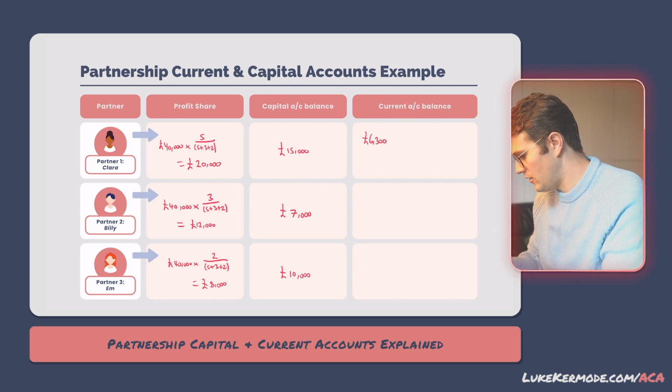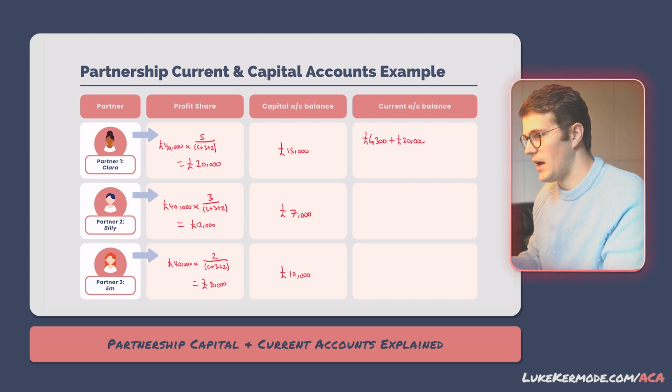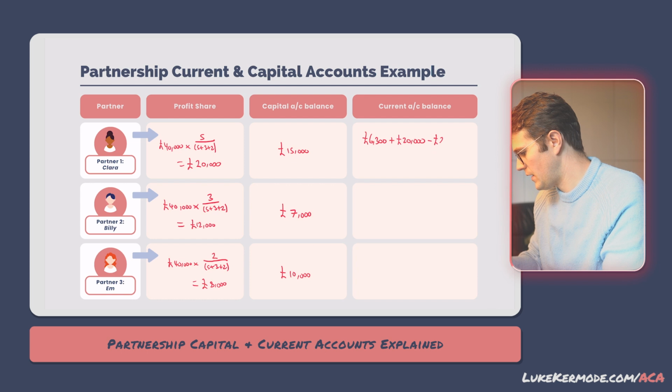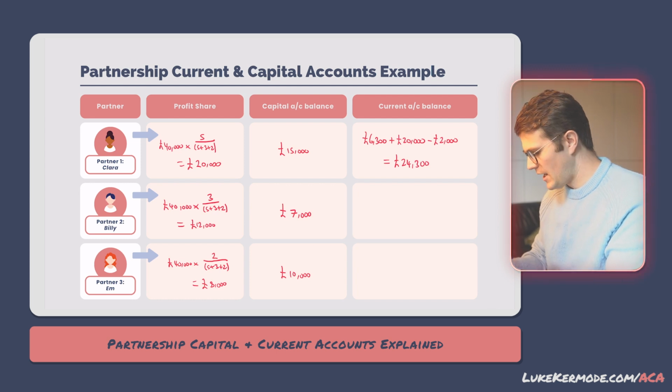We add on her share of partnership profits for the period, which is 20,000, and we deduct her drawings for the period, which were equal to 2,000. So her current account balance is equal to £24,300.